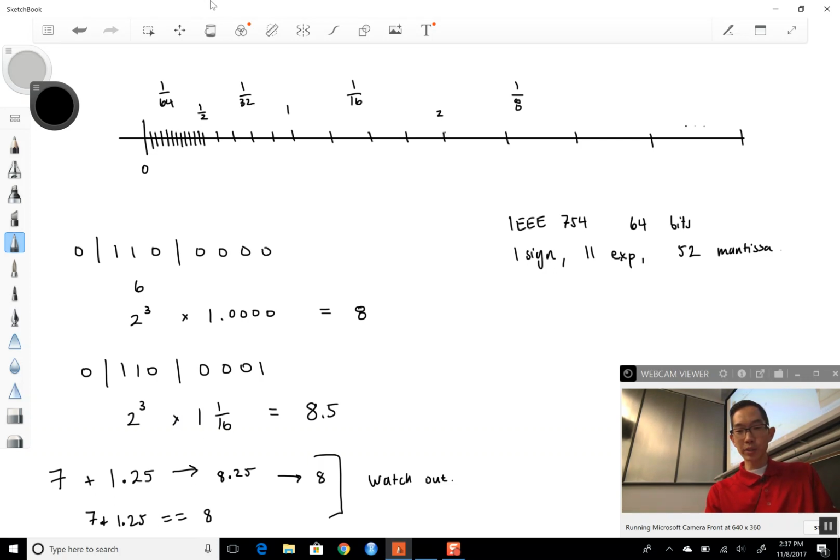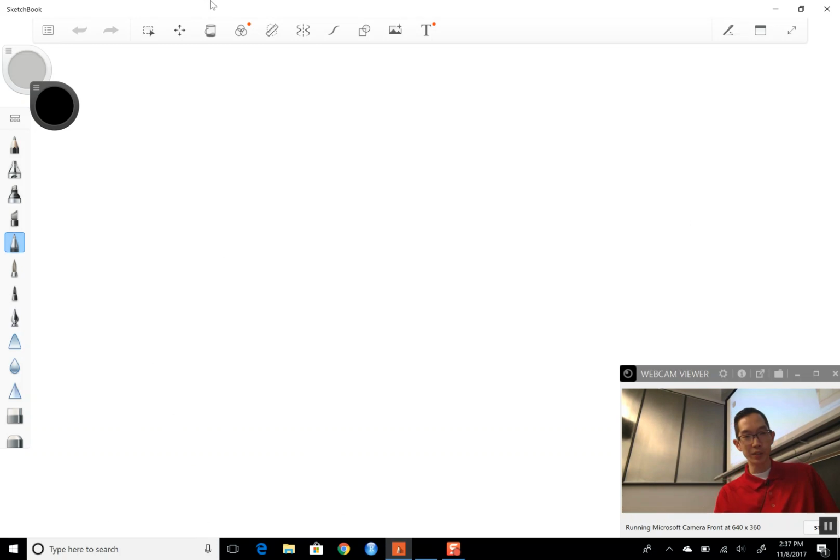Okay, I'm going to now introduce the topic of numeric methods. Numeric methods is basically trying to solve math equations without normal math, all right?